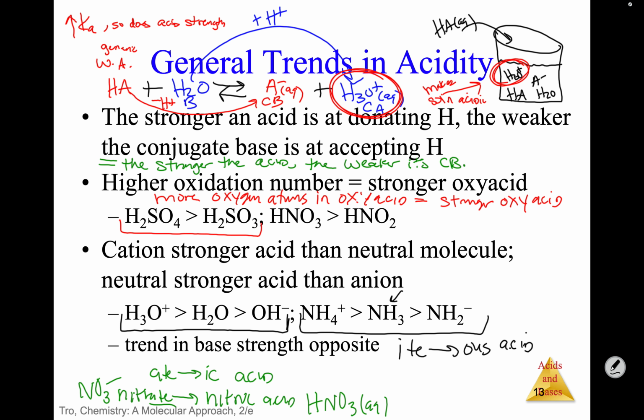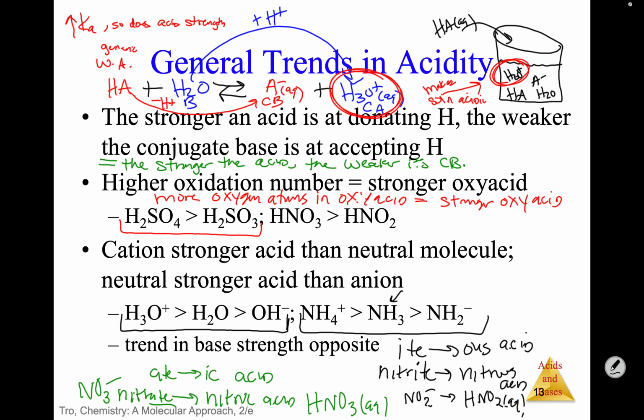If you look at your polyatomic ion list, all of those anions end in ate or ite. So we name the acids based on the name of the oxyanions. If it ends in ite, it goes to ous acid. For example, nitrite. What's the acidic form of nitrite? Nitrous acid. Nitrite I know because I memorized it, no getting around that. It goes to HNO2.